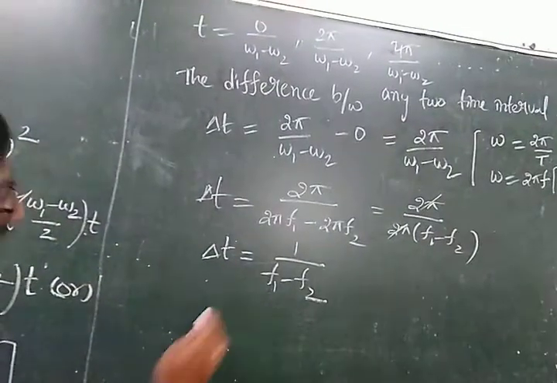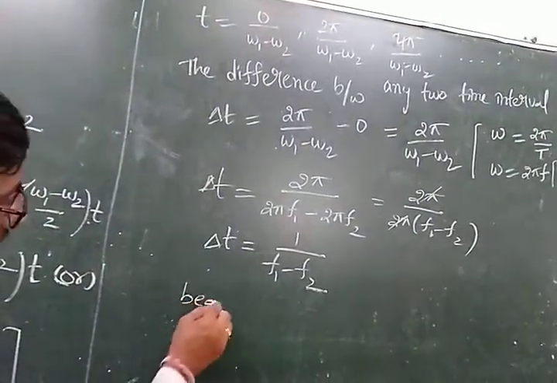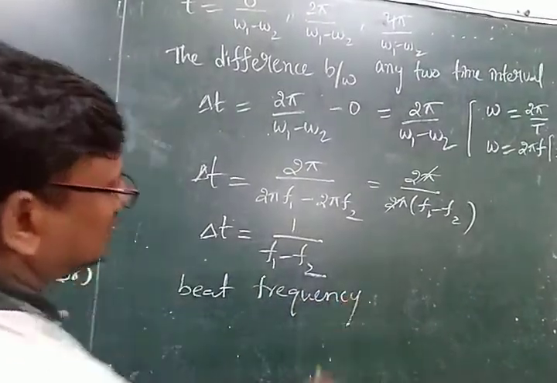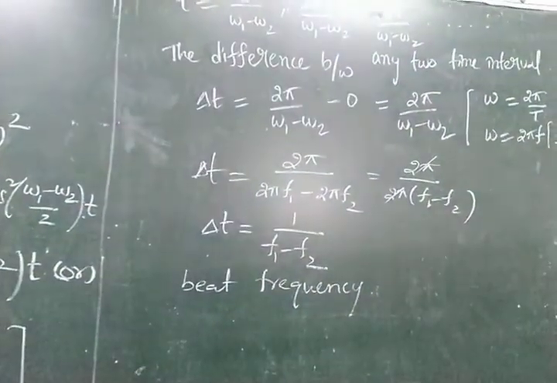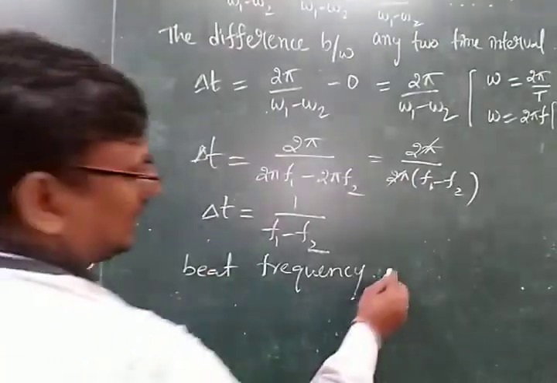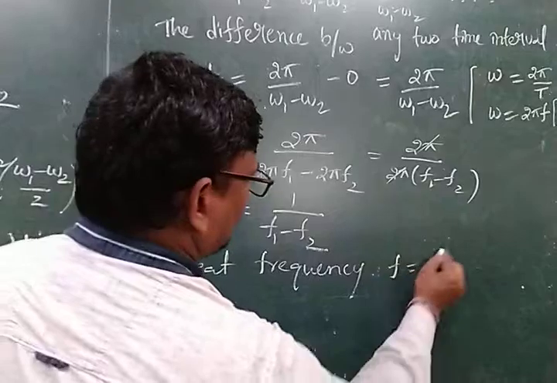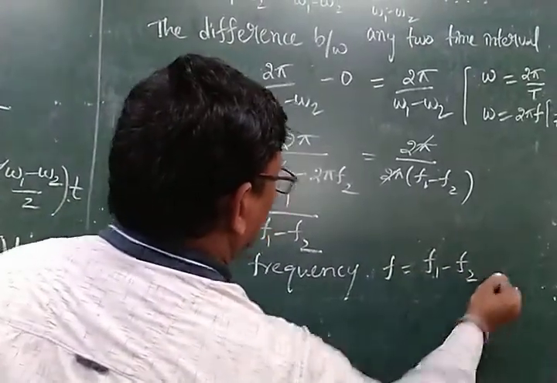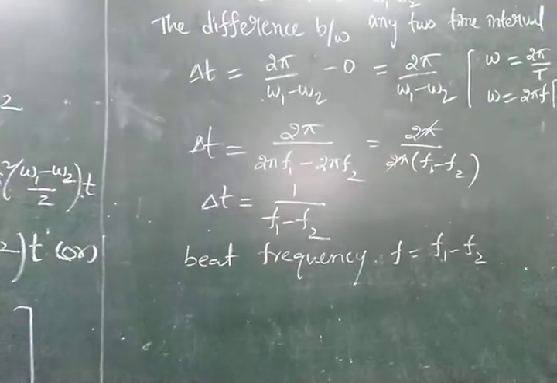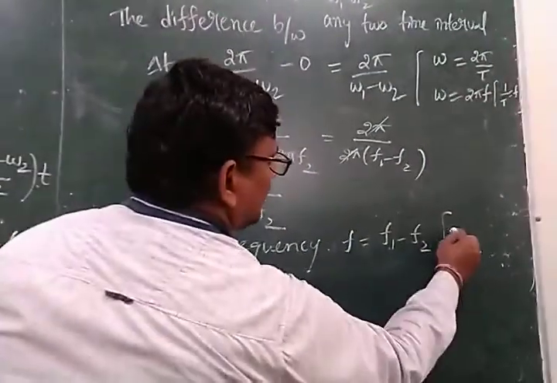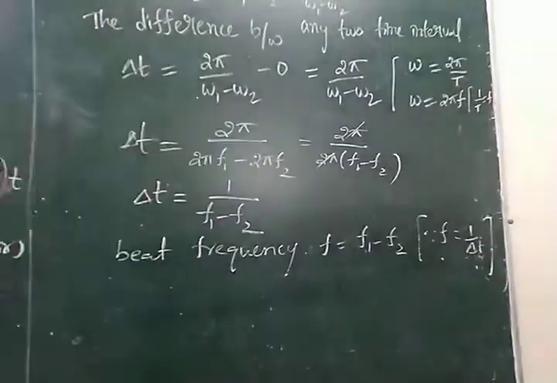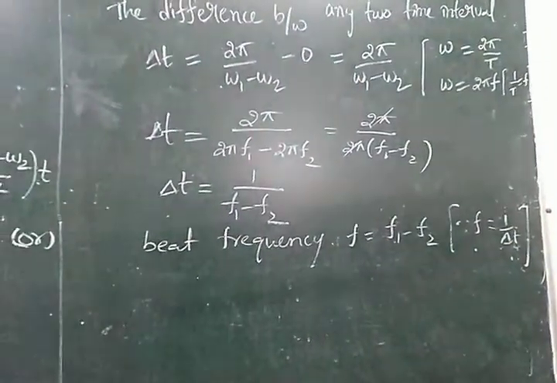This is called the beat frequency. What is called the beat frequency? The difference of the time interval between maximum intensities is called the beat, that is f = f1 minus f2. The time interval is inversely proportional to the frequency. This is the condition for maximum intensity.